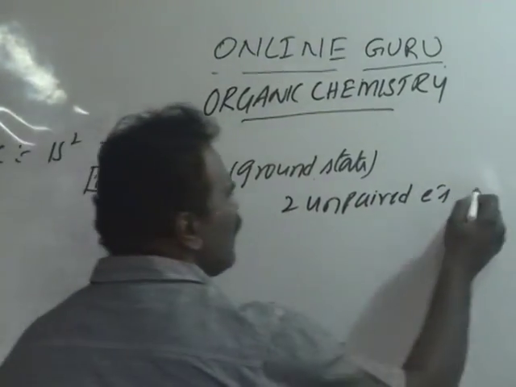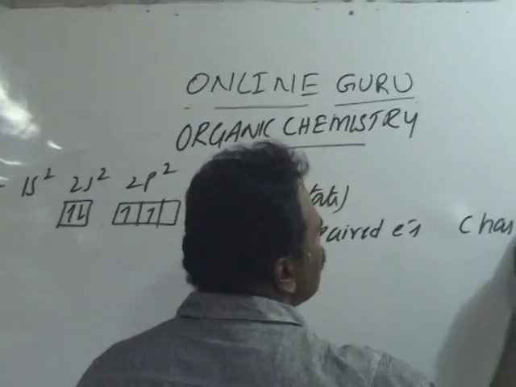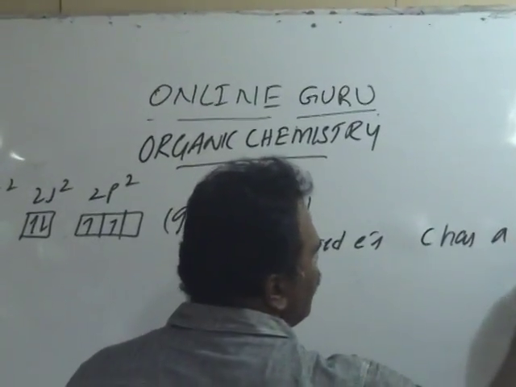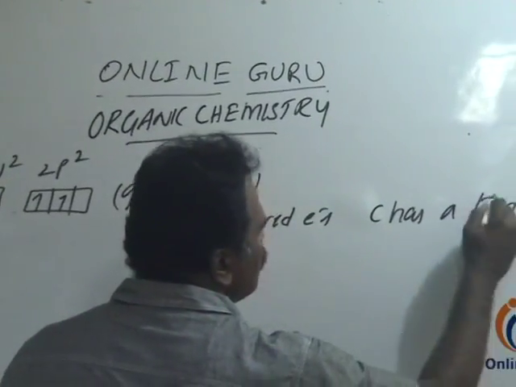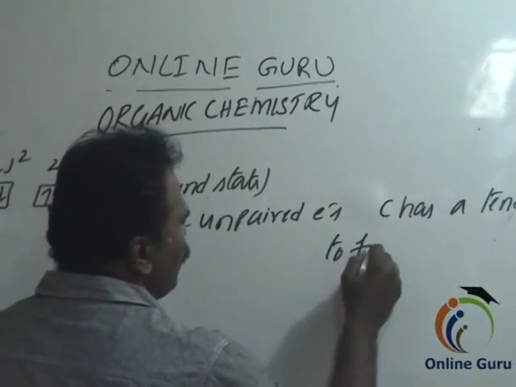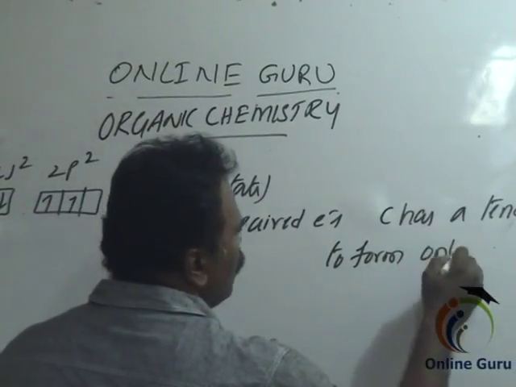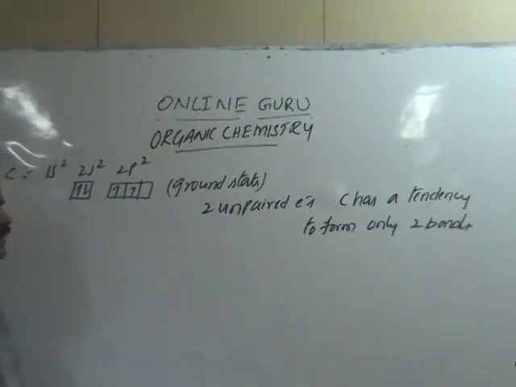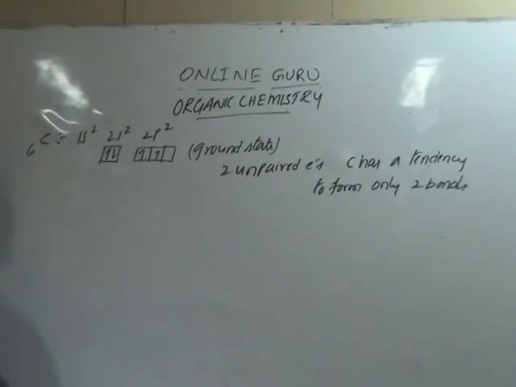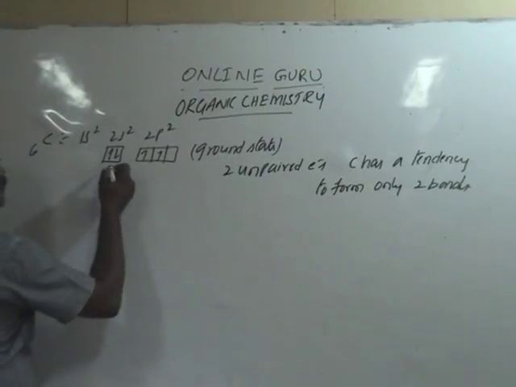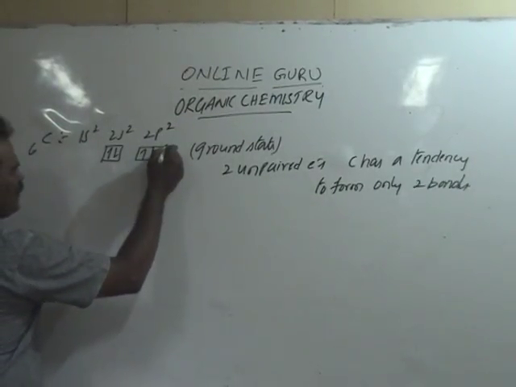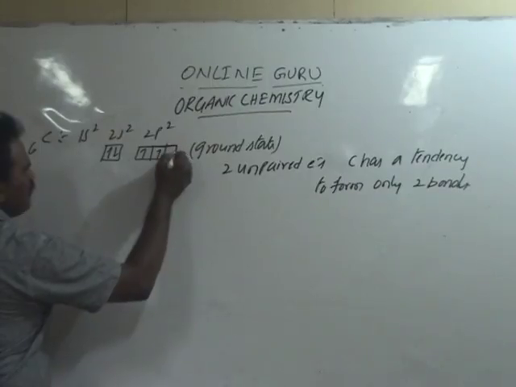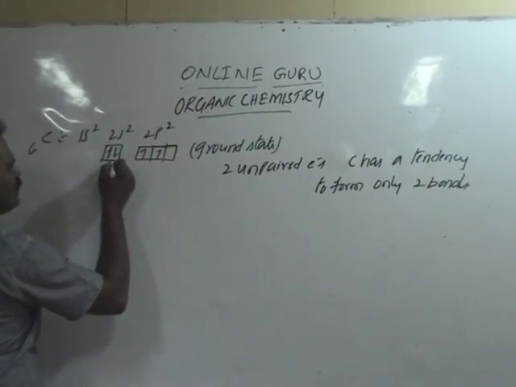So in the ground state, carbon has a tendency to form only two bonds. But in its compounds, carbon possesses tetravalency because carbon has a vacant orbital in its outermost orbit as well as a paired electron.